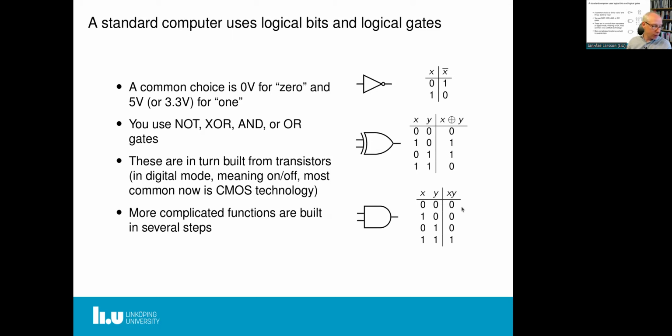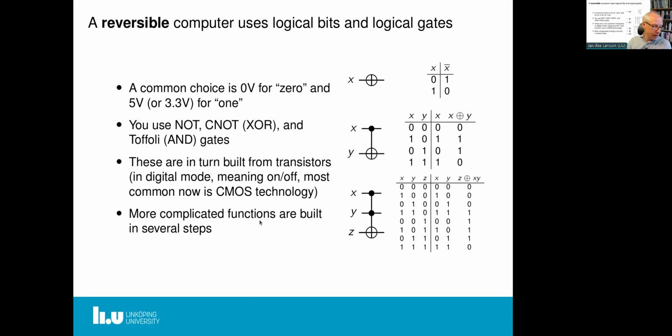And you build up more complicated functions by combining these in several steps. In a classical reversible machine, the gates look different, but they're still classical gates. You've got the XOR gate that provides the notation for the quantum CNOT, the controlled NOT. That's, in classical reversible computing, an XOR gate.